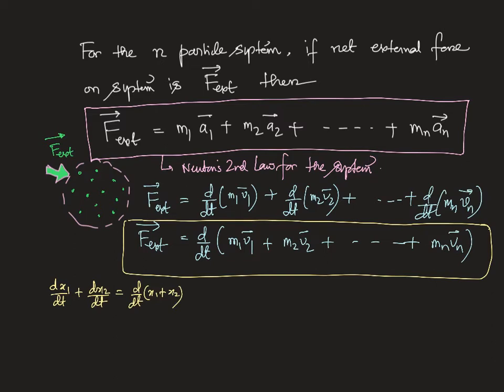Now we can write this: m1v1 plus m2v2 up to mnvn. This is the total linear momenta. Momenta is plural, momentum is singular. Total linear momenta of the system of particles.